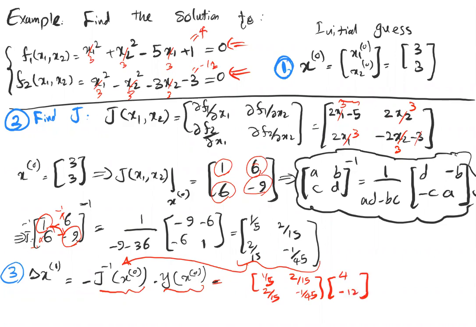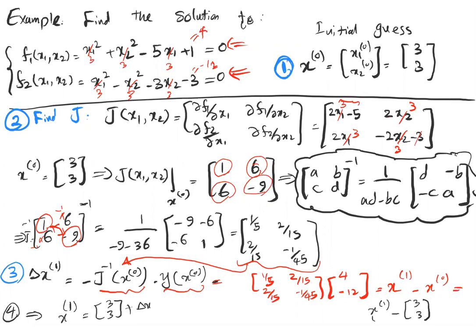If you calculate this value, it gives you x1 minus x0, or x at iteration 1 minus 3 and 3. So in the first step, you are going to find the value of x at iteration 1, which is 3, 3, plus delta x at iteration 1. And this gives you the new updated variables.